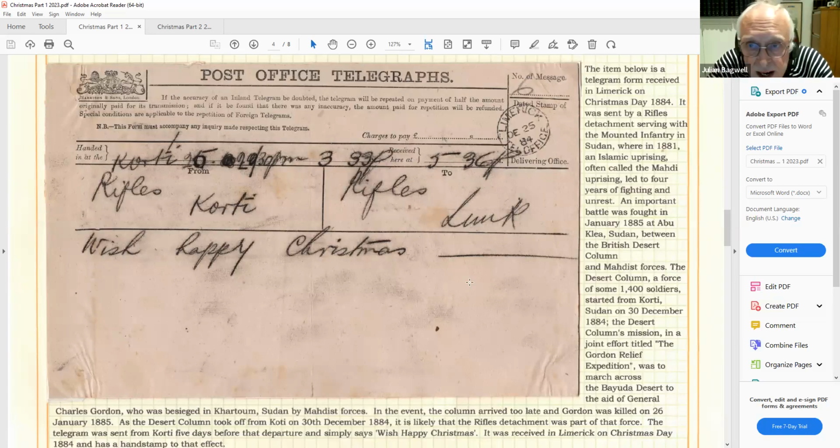It may or may not have been a happy new year for the Rifles, because this was the time of the Mahdi uprising, and not long after this was sent, a relief column trying to get to Gordon was sent out, left Korti, where this was sent from, on the 30th of December, 1884. But as we all know, sadly got there too late.